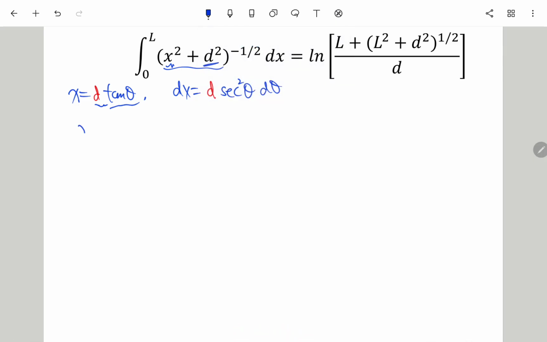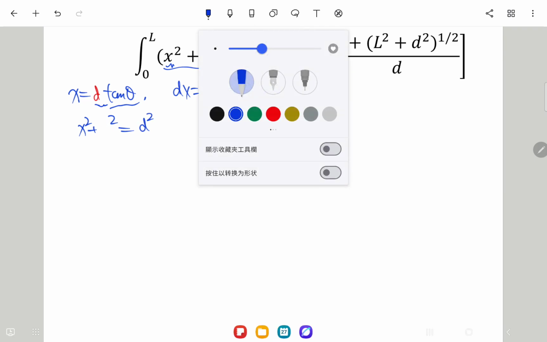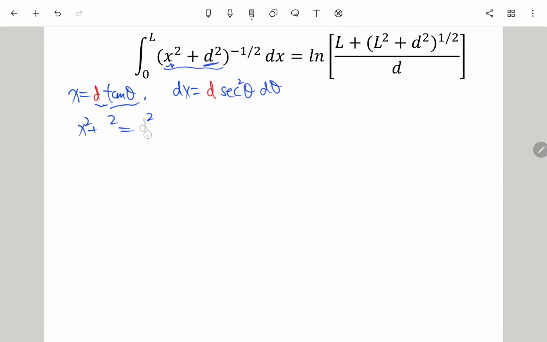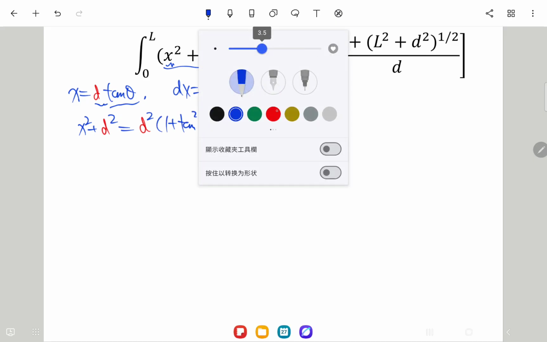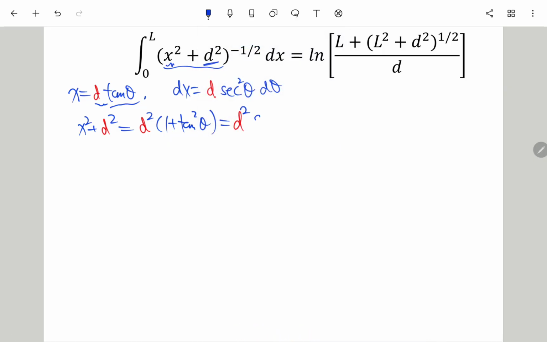Here we have x squared plus d squared, which will be d squared times 1 plus tangent squared theta, which is d squared secant squared theta.